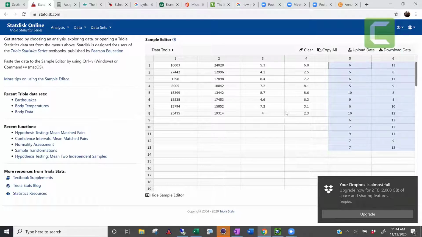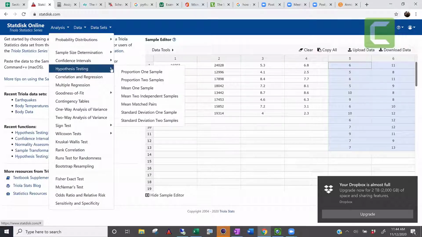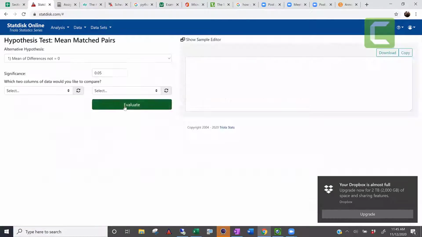Now what's step 4 asking us to do? Remember? Find the p-value. Awesome. For that, go to analysis, hypothesis testing, mean matched pairs. Now your data might be in different columns than mine, that's okay.